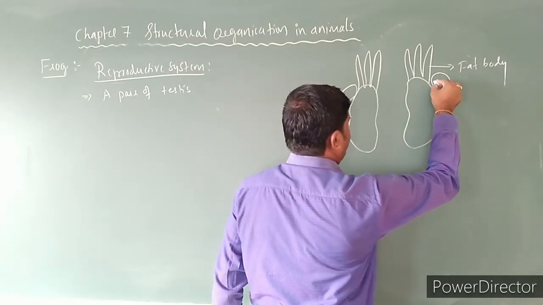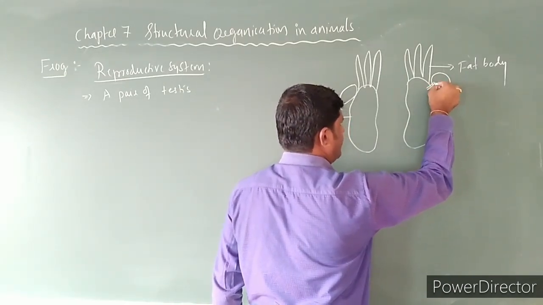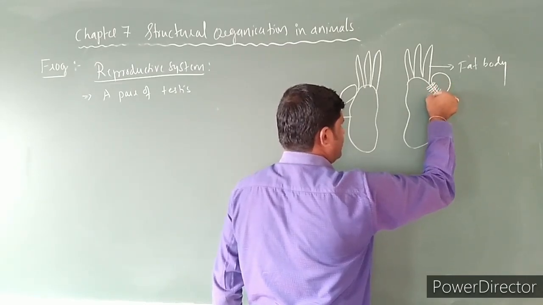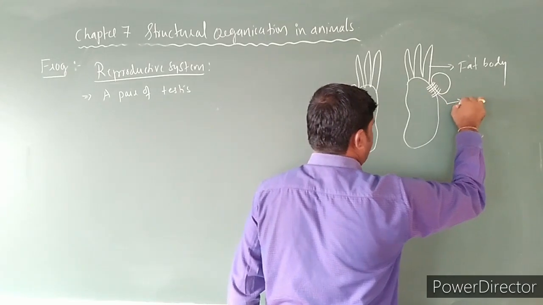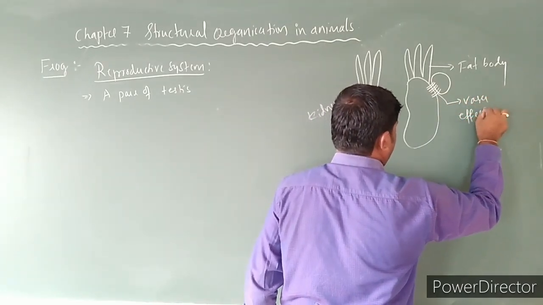These ovoid structures are interconnected with tubular structures called vasa efferentia.